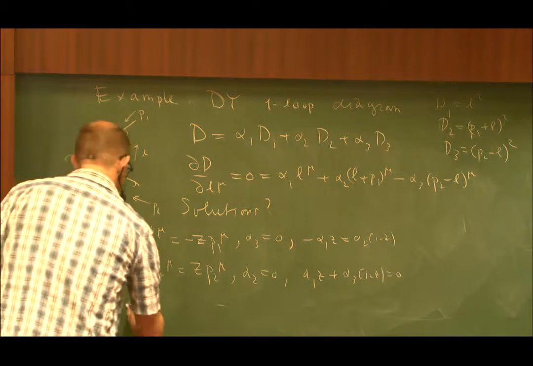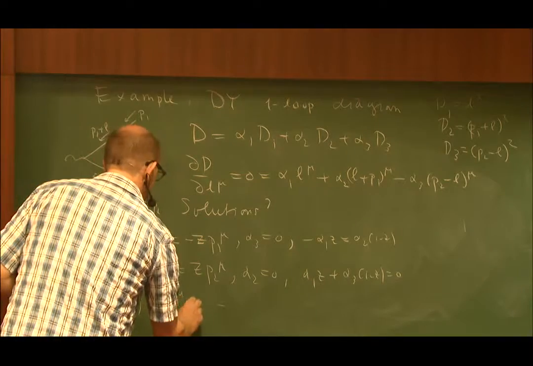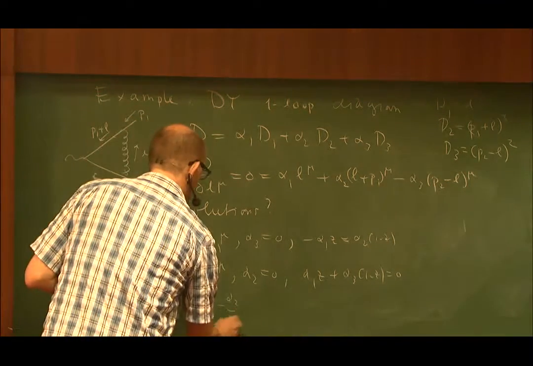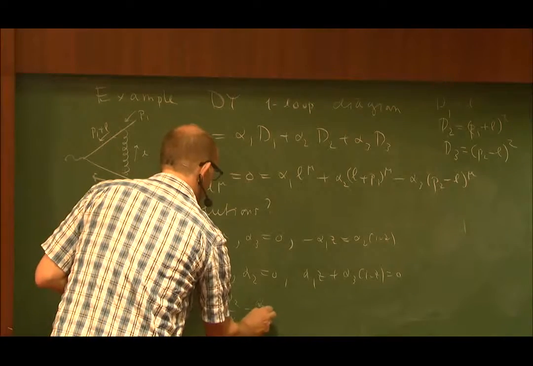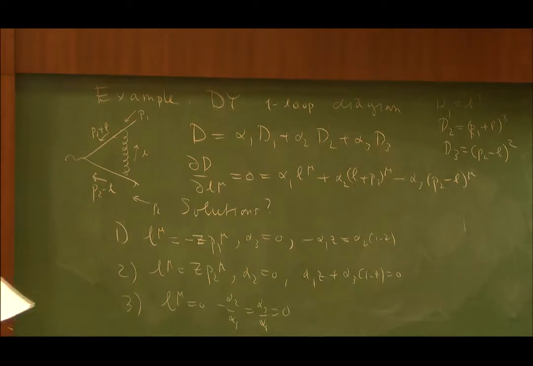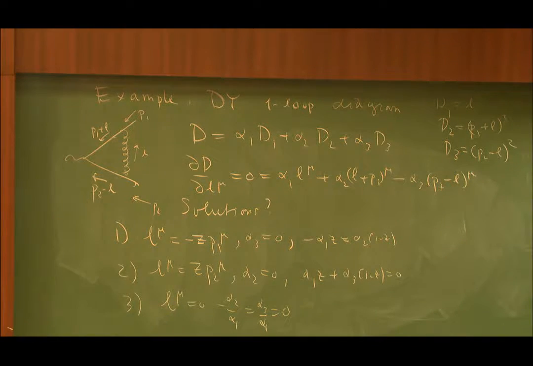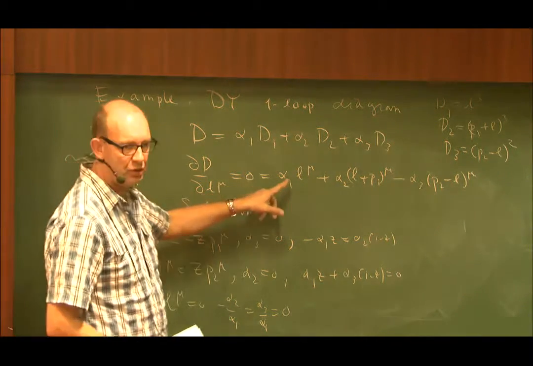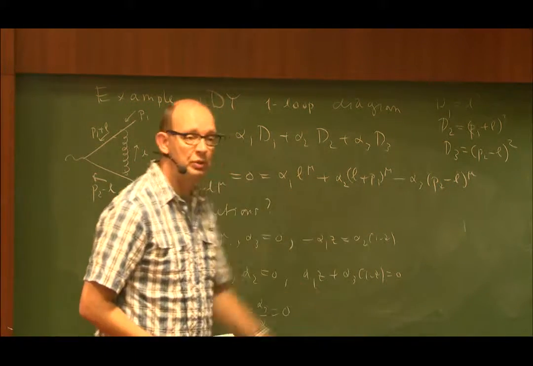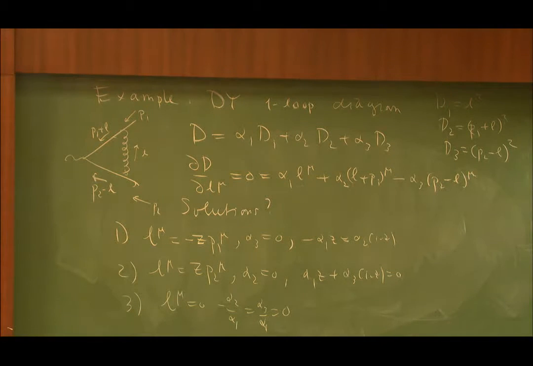And there's a third solution where L mu is 0 and alpha 2 over alpha 1 and alpha 3 over alpha 1 are 0. That's a bit of an obvious solution. You just divide the whole thing by alpha 1, keep it non-zero, but this is 0, set the alphas equal to 0. All of these are consistent with the Landau equations.